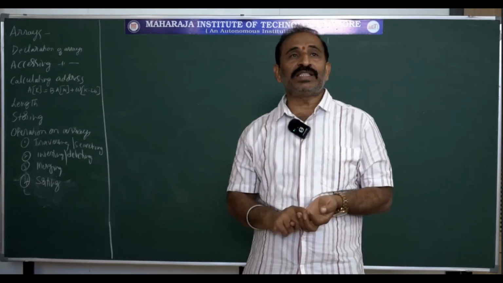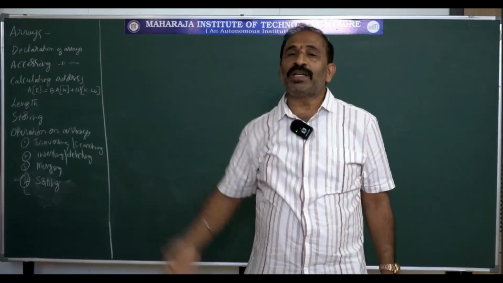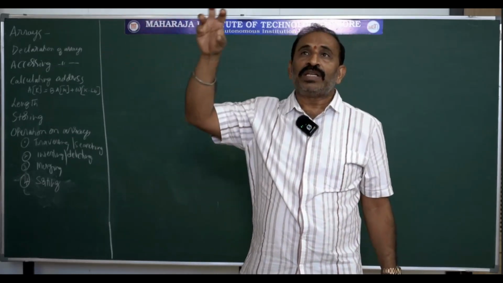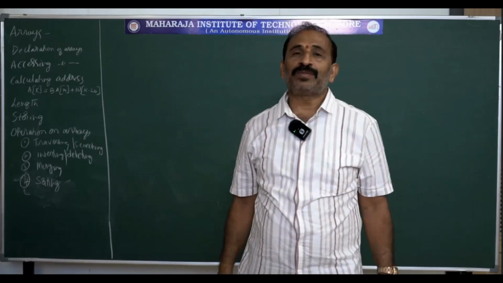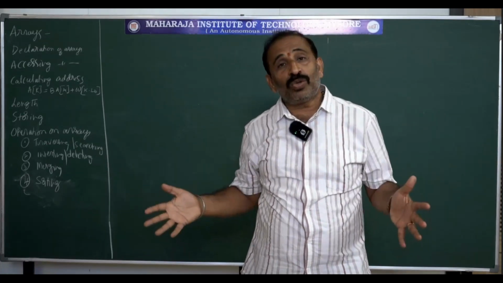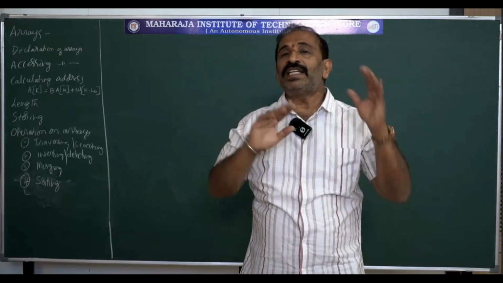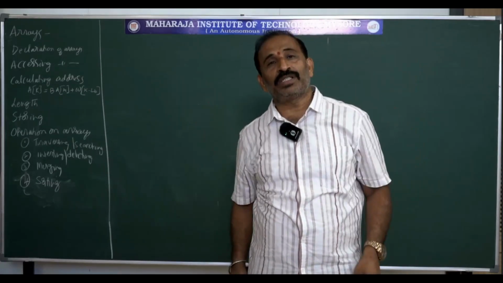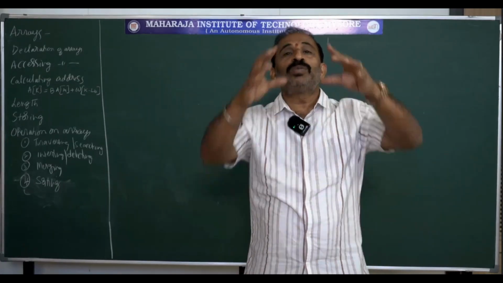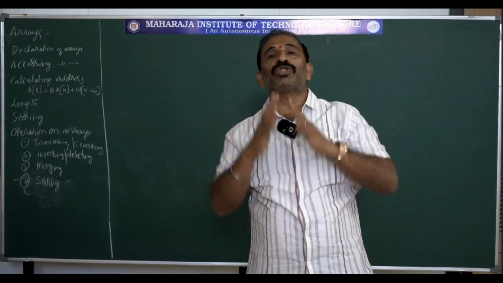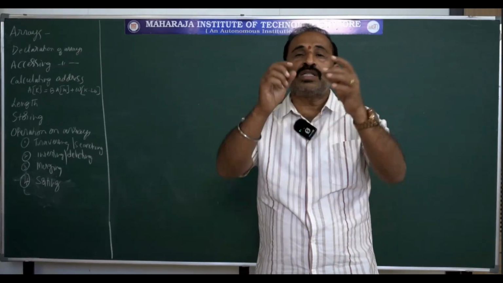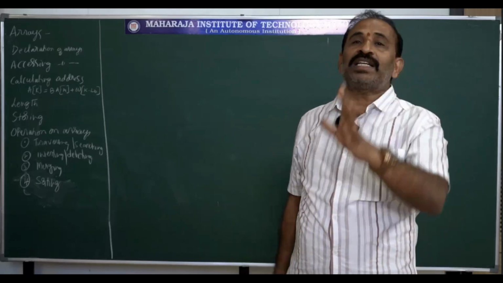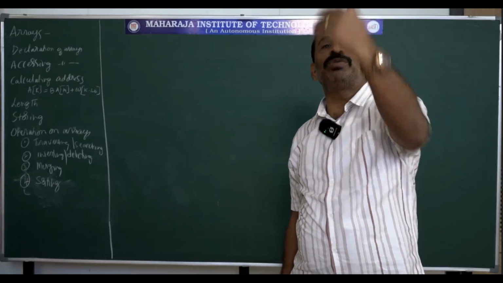For example, for integer we used to take int NUM. NUM can store one integer. Now, I want to store 60 numbers, 80 numbers, 1000 numbers. 1000 names to be stored. It is not just one single character. Now it is 1000 names to be stored.